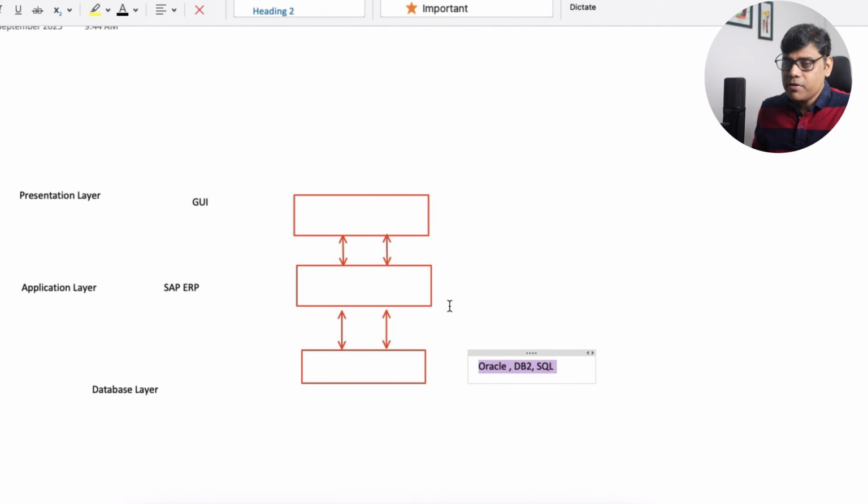When we bring the data for processing, we are completely dependent on the application layer, because the database is used just for storage, so data processing is not possible there. We need to bring all the data to the application layer for processing.